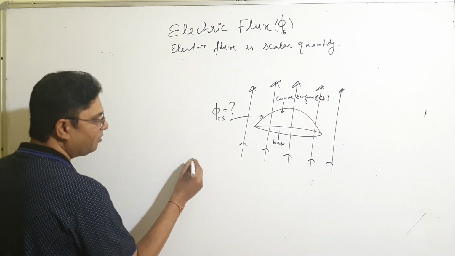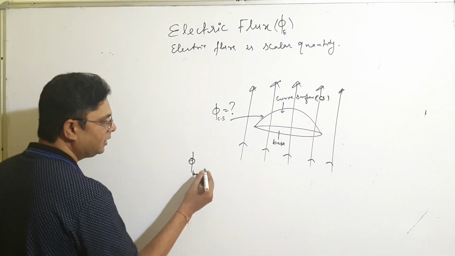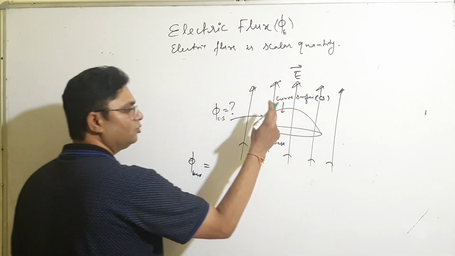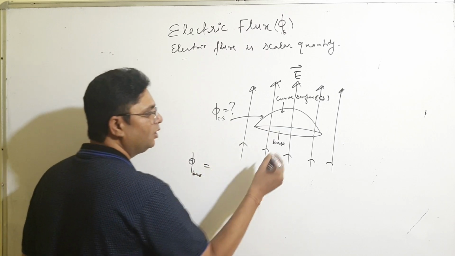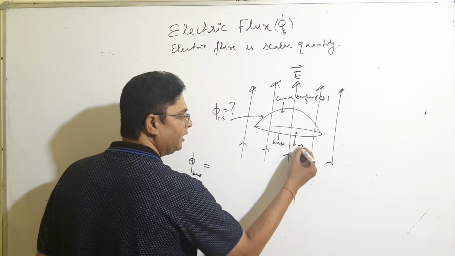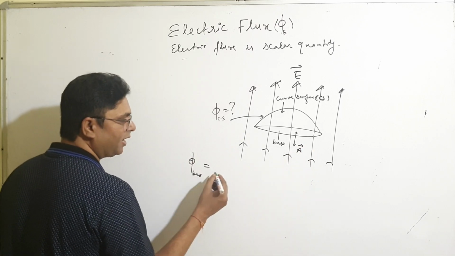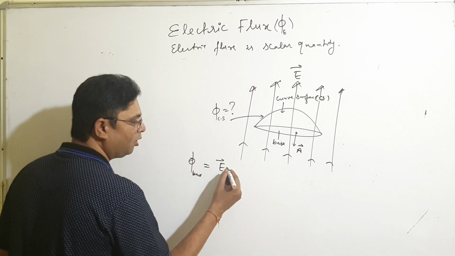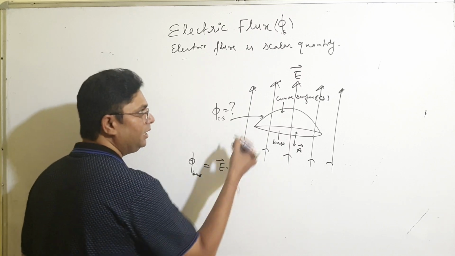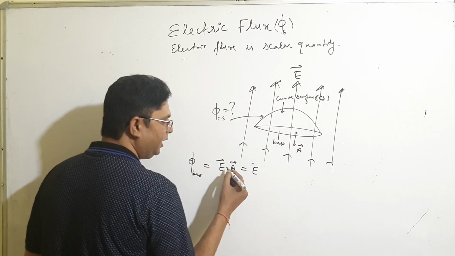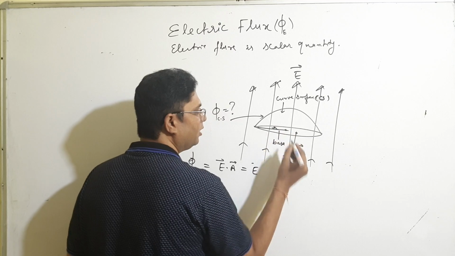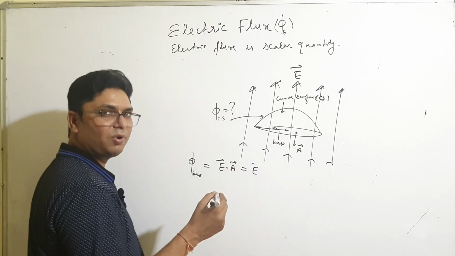So electric flux phi through base is equal to electric field E and the area of the base. Let the area of the base be A. So electric flux phi through base is E dot A. Let this radius be R. So A is equal to pi R square for a circle.